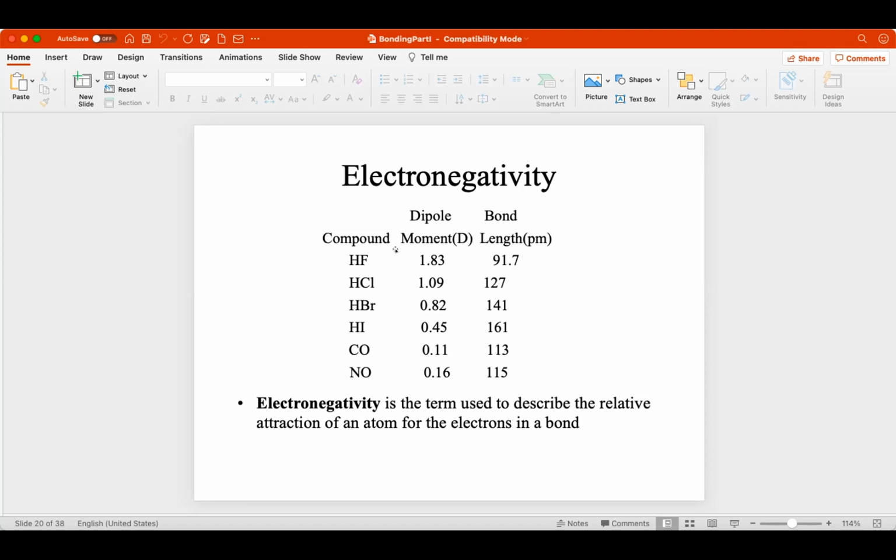I hope that you get that. So the difference in electronegativity should be 2 and above for ionic bond to form, but below that, it should be covalent bond.